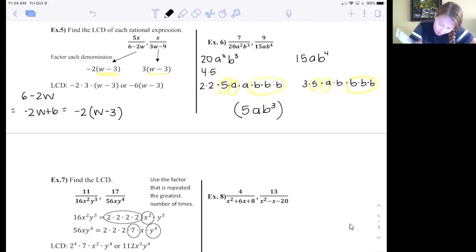Now I need to multiply it by whatever is left over. On this side, I've got left over 2 times 2, which is 4, and an a, so times 4a. On this side, I'm left over with a 3 and a b, so times 3b. This right here is going to be my LCD.